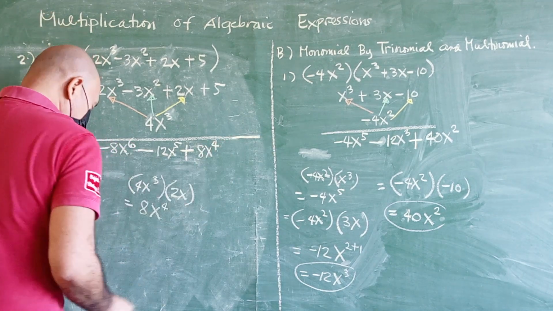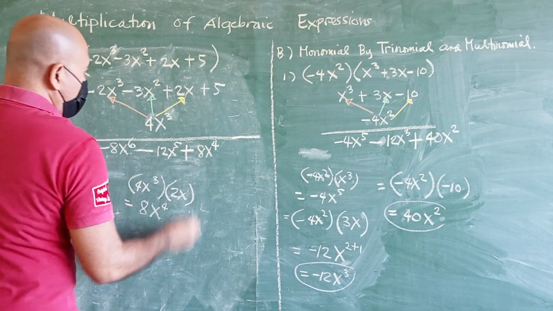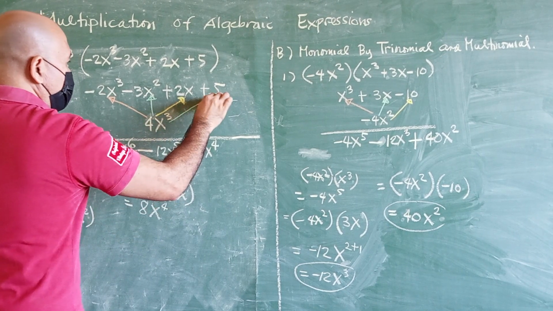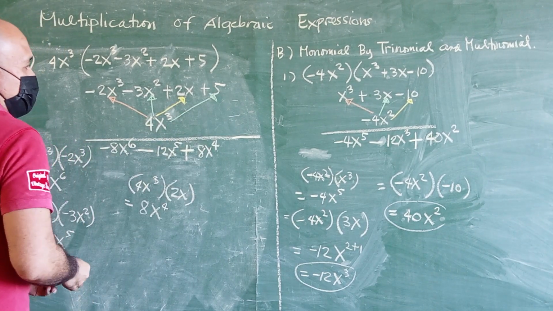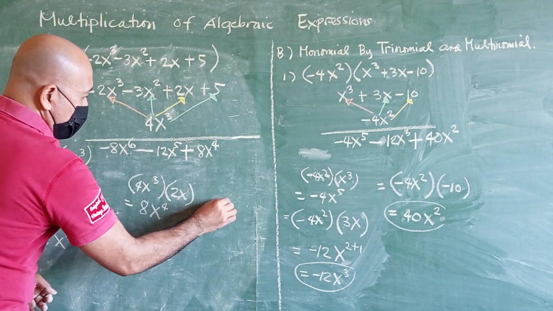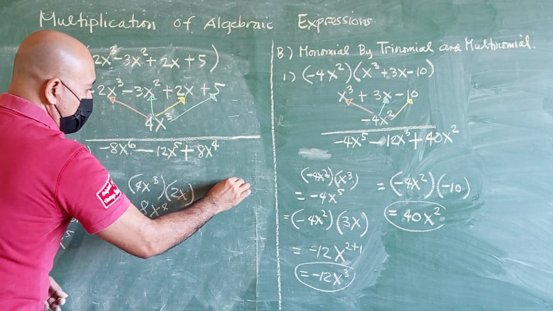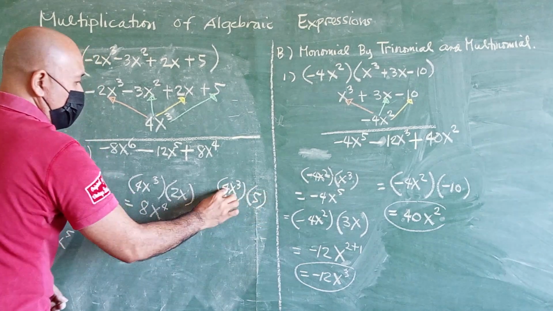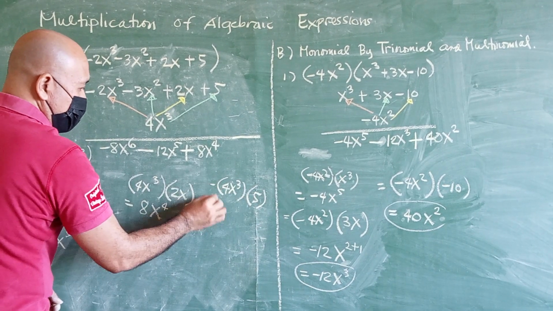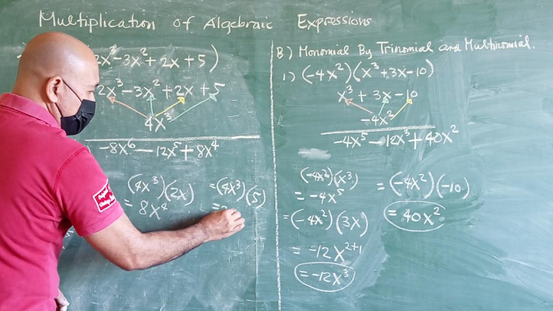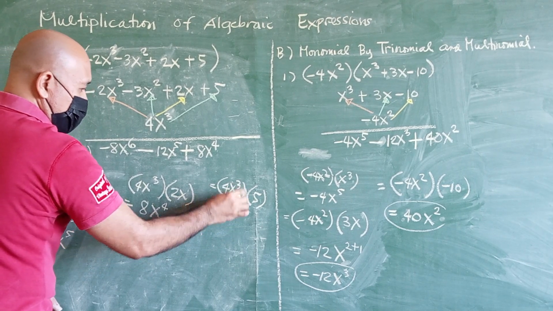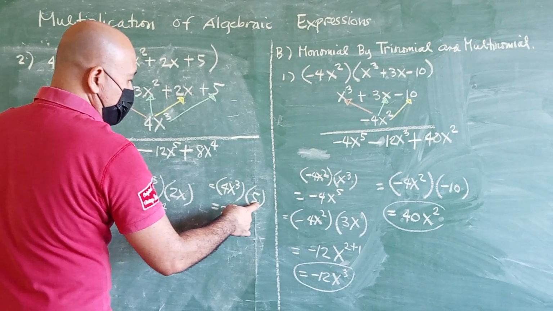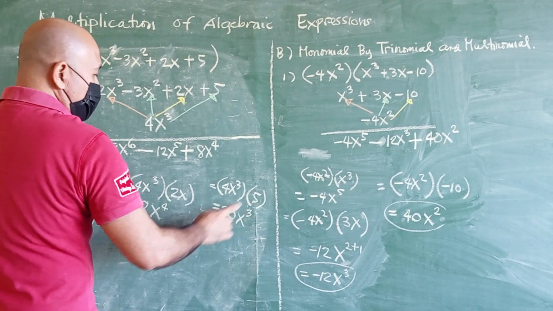The last one here is when we multiply 4x cubed and positive 5. So it will be 4x cubed times 5. So 4 times 5 is simply equal to 20. And bring down the variable together with the exponent, since there is no other variable here.